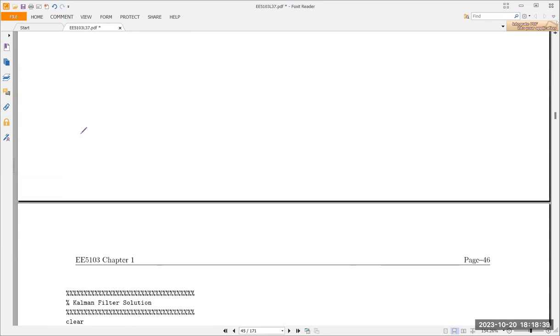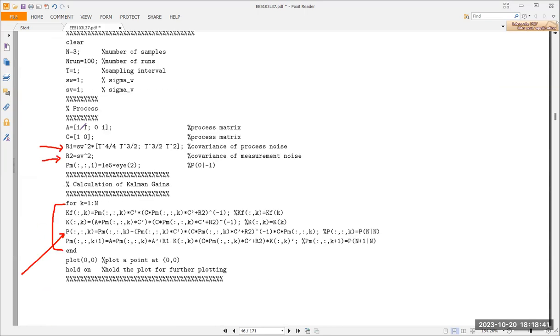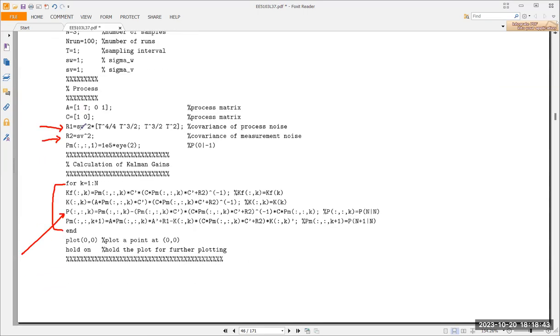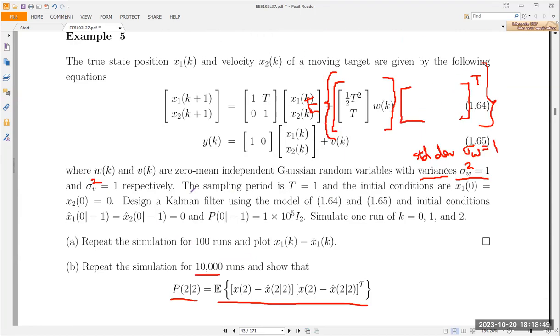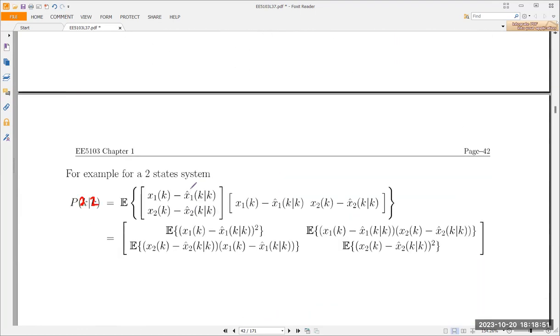Then, at the same time, because you will have 10,000 X hat or X, let's go to here. You find the X at 2 minus the estimate at 2, and there will be 10,000 of them. Use MATLAB to find the mean.